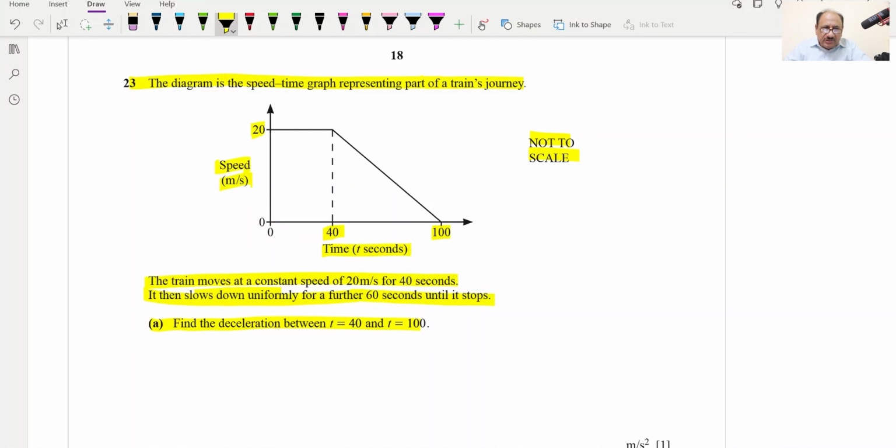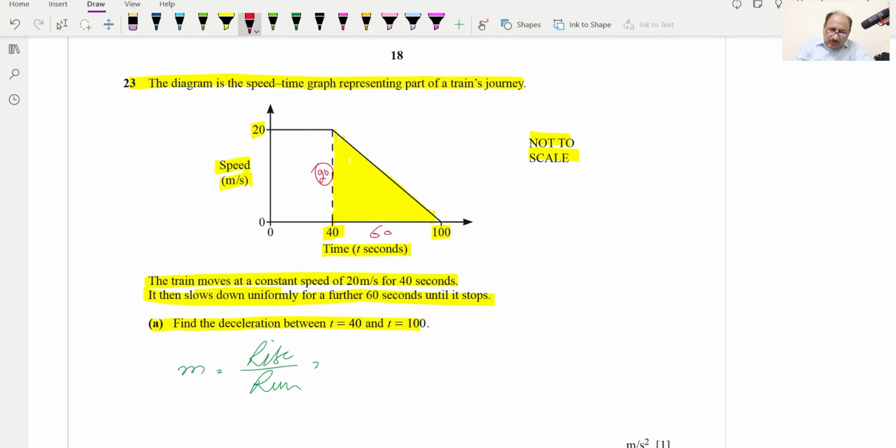For deceleration, we can check the height. So we'll be considering this triangle, and we know the gradient, the slope, is rise over run. So we can write m, the gradient, equals rise over run, and in this triangle, this side is 20 and this side is 60.